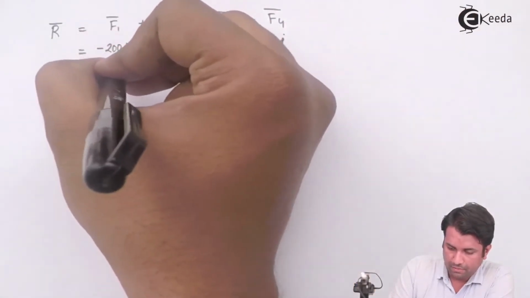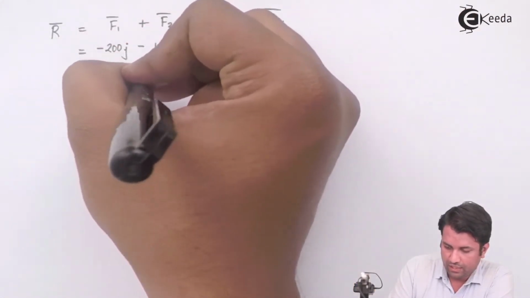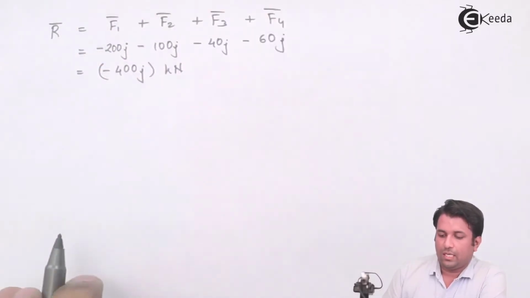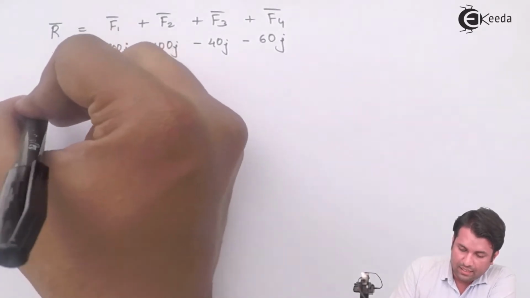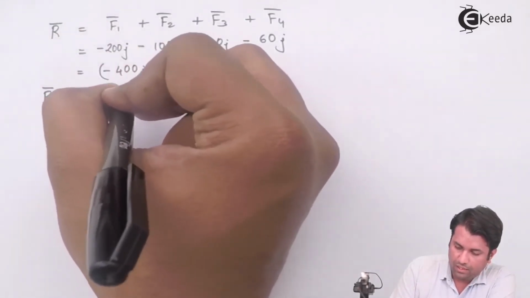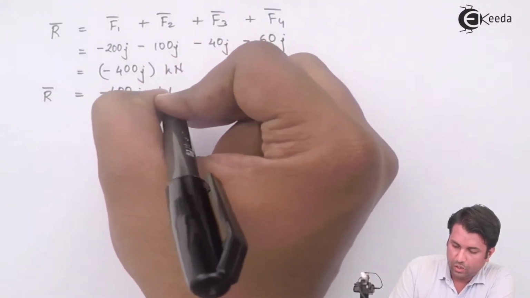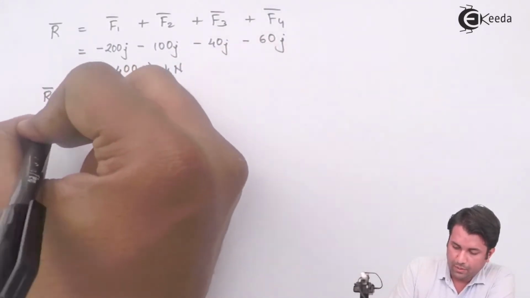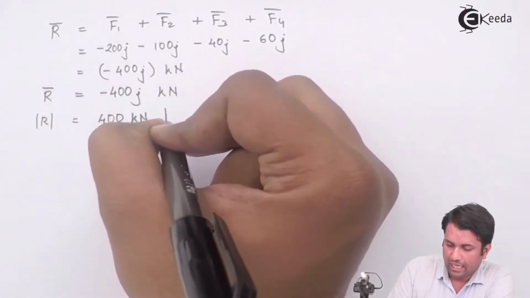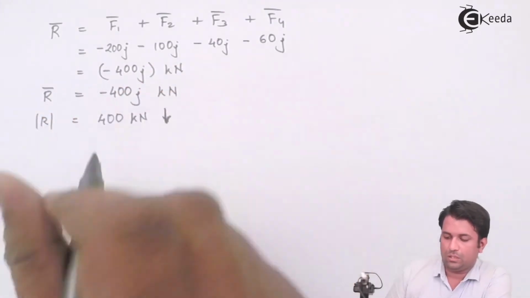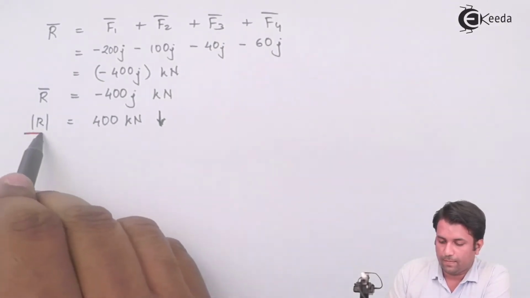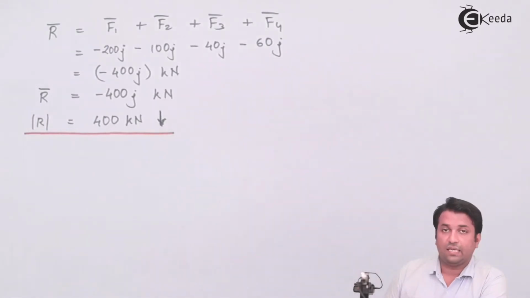This is nothing but minus 400J kilonewton force. So I can say that the resultant is minus 400J kilonewtons, and the magnitude of the resultant is 400 kilonewtons acting downwards. So this is the resultant that I have got for the forces given to me.